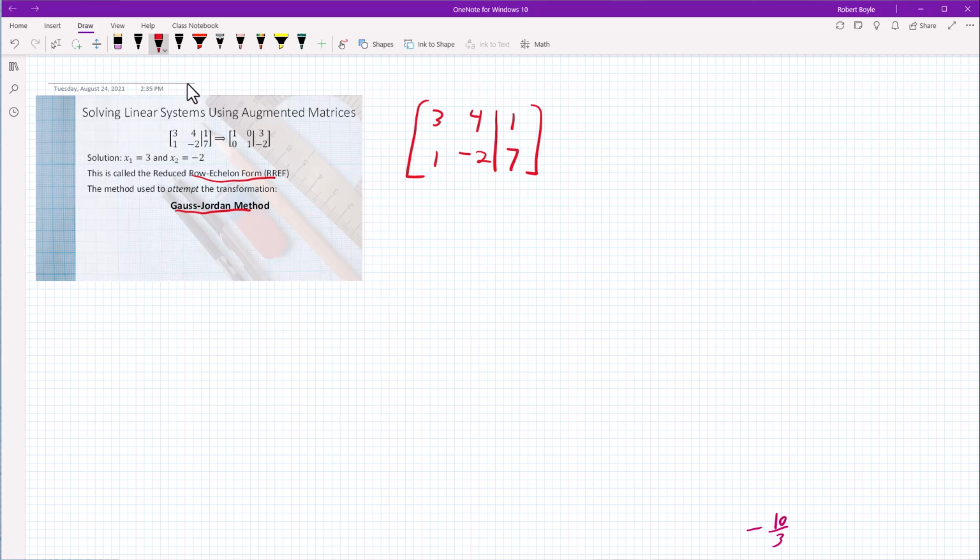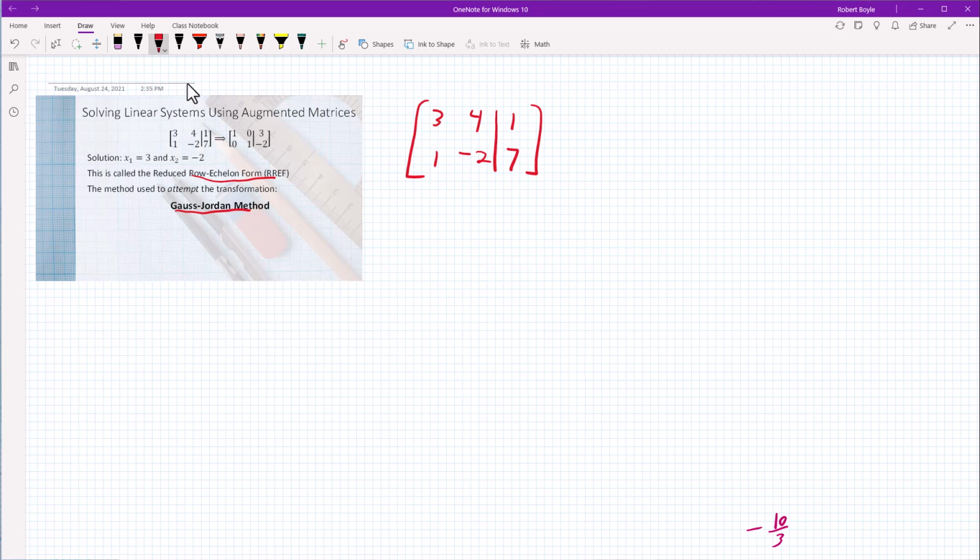Now remember, we want this element to be equal to 1. So the very first row operation we're going to do is divide row 1 by whatever we need to, or multiply row 1 by whatever we need to make this element equal to 1, and replace that in row 1.